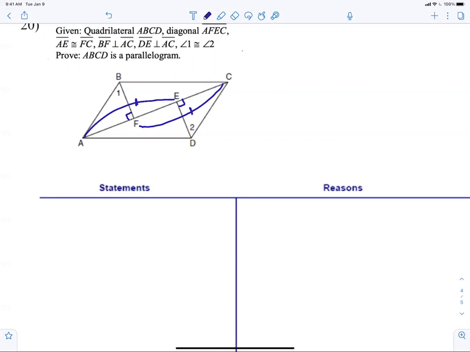DE is perpendicular to AC also. And angle 1 is congruent to angle 2. So a lot going on. All right.